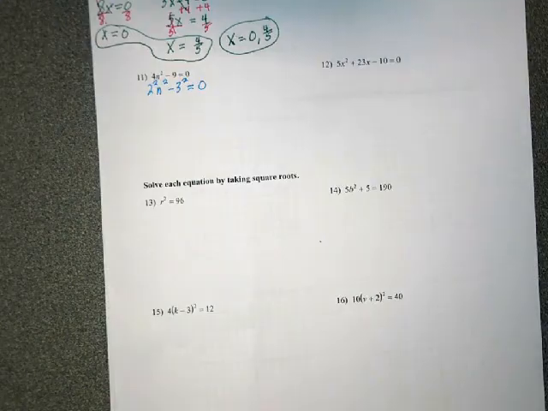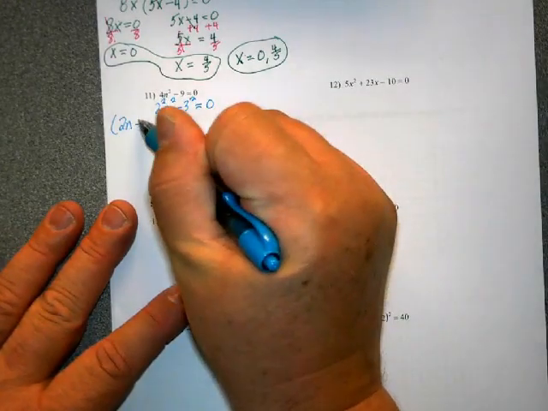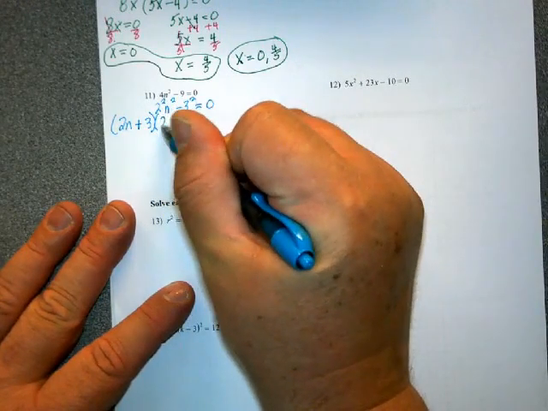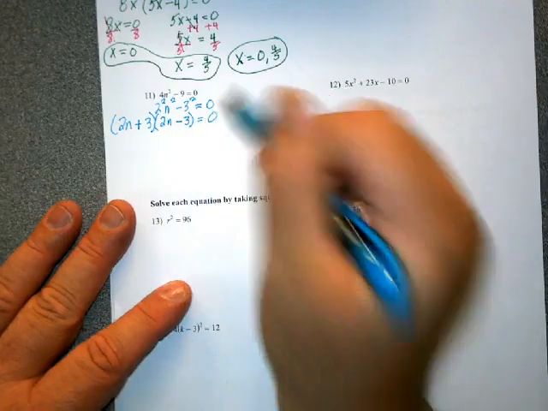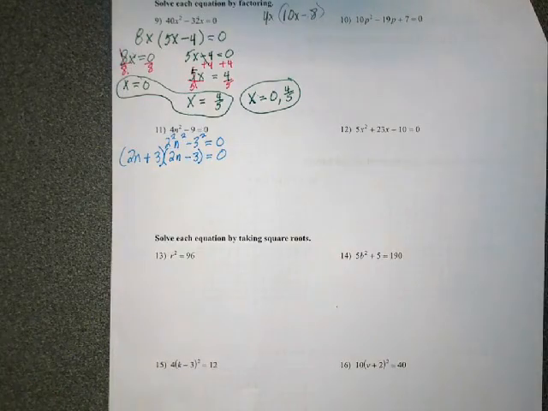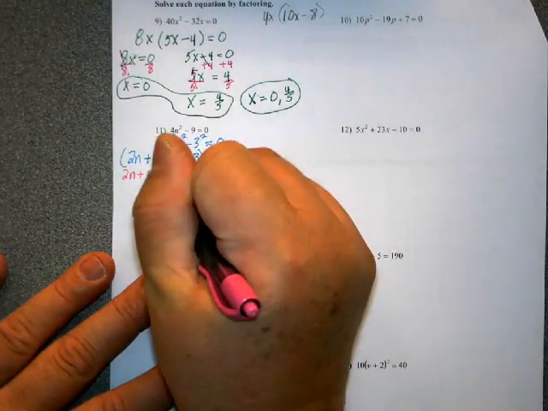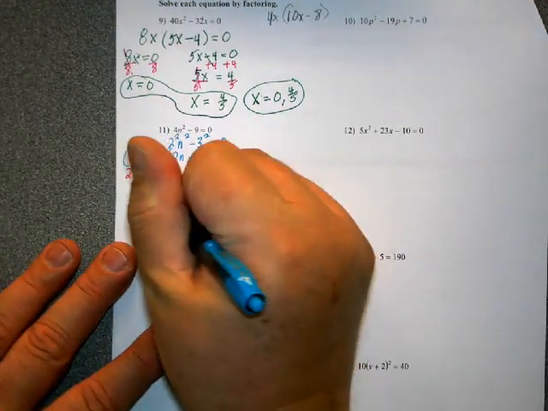And now I can use my shortcut formula, right? The base 2n plus the base 3 times the quantity, the base 2n minus the base 3. Now I'm just going to solve for one of these because the other one's just going to be the opposite of the sign. So I'm going to take 2n plus 3, set it equal to 0. Minus 3, minus 3.